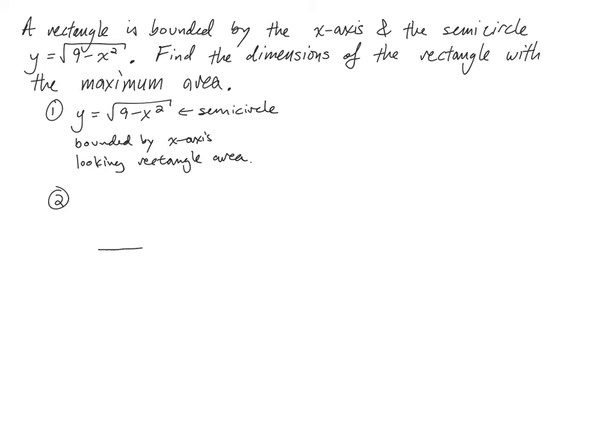So we know there has to be an x-axis, and we know that there's going to be a semicircle, and that it is a top semicircle. But what we're looking for is a rectangle that is inscribed between the x-axis and the semicircle.